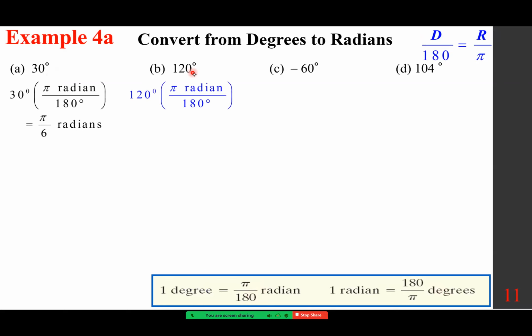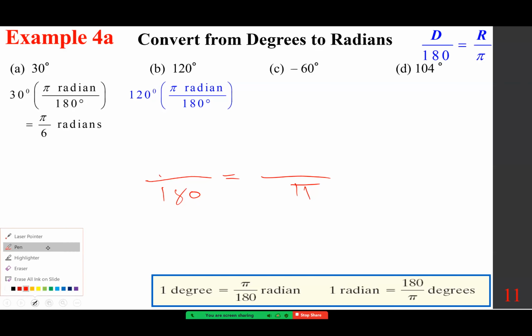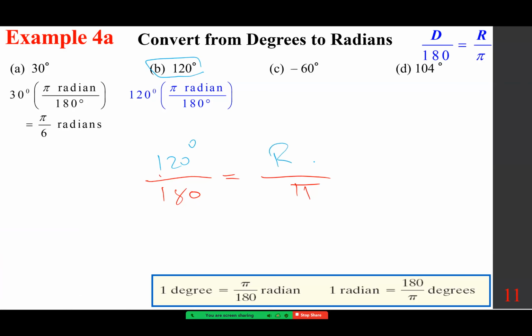So if you multiply it by pi over 180, or as I mentioned, let me just write this here in case you want to go, in this case, let's put 180 here, a pi here. So if you want 120 degrees, you put 120 degrees, and then you find the R. And I hope you see that the cross product will give you this.